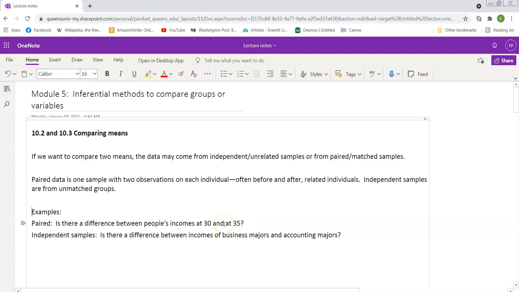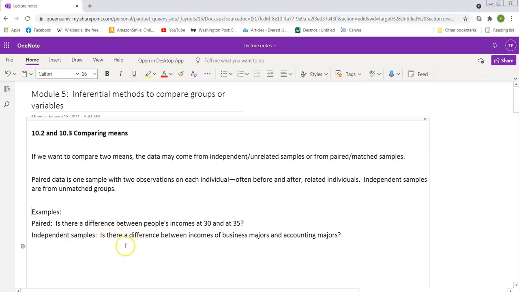If we look at some other examples I've made up here, is there a difference between people's incomes at 30 and at 35? This would be paired because we've got a bunch of people, and for each of those people, we're going to measure their income at 30 and at 35. So we've got two measures on each person.